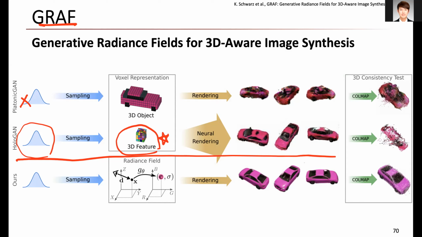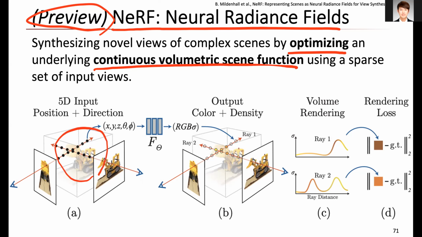So let's suppose that this is the continuous volumetric scene function. Then we just sample the position vector x, y, z, theta, phi. By using a neural network or MLP, we sample RGB and sigma as a density value.